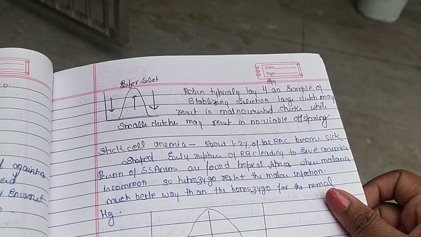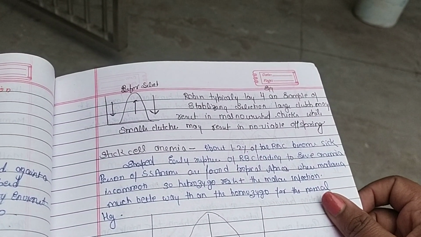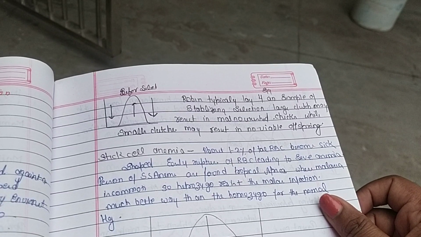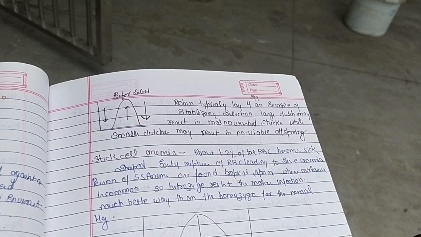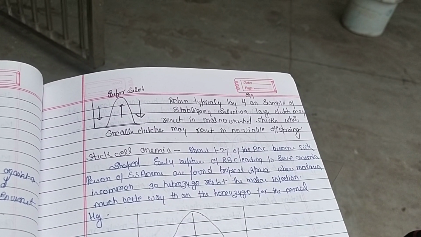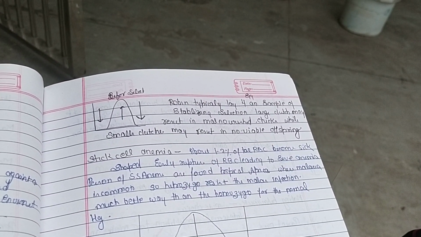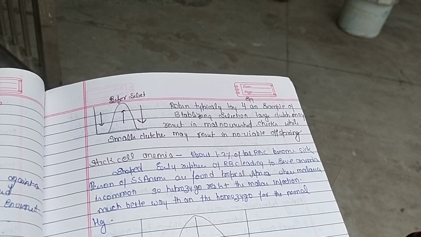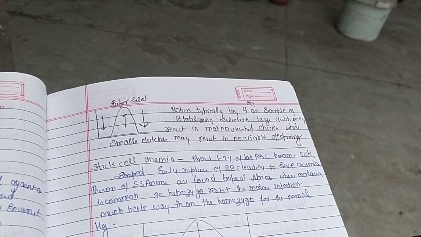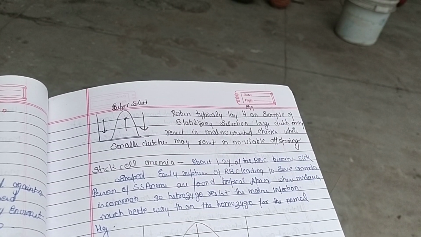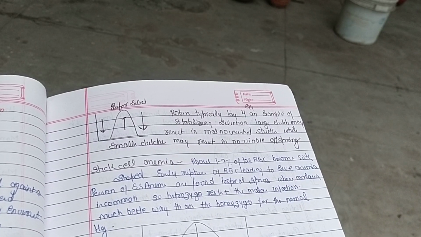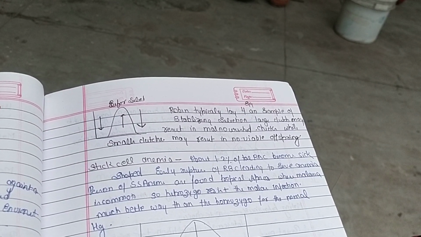Robins typically lay four eggs, an example of stabilizing selection. Larger clutches may result in malnutrition if the number of eggs is high, because the food is limited and divided among many, so all undergo malnutrition. Another bad effect is that parental care may result in non-viable offspring.